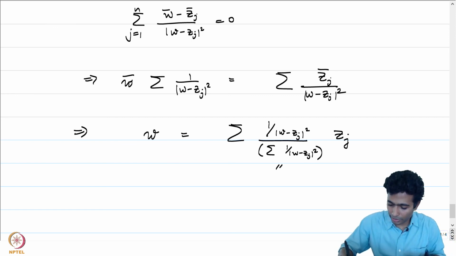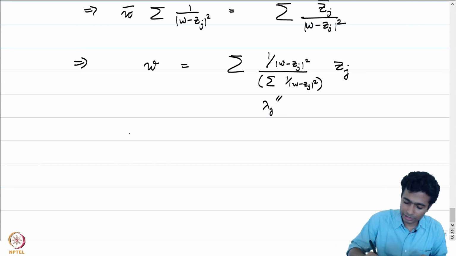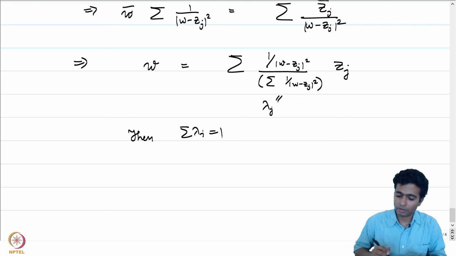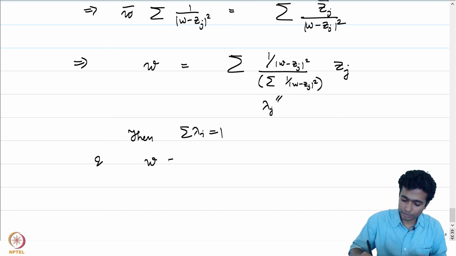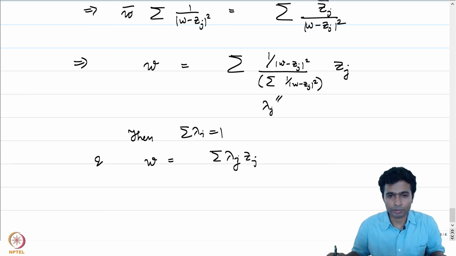So let's call this coefficient lambda j, and it's a simple check to see that the summation of lambda j is equal to 1 and w is equal to the summation of lambda j times zj, proving that w is in the convex hull of z1 to zn.